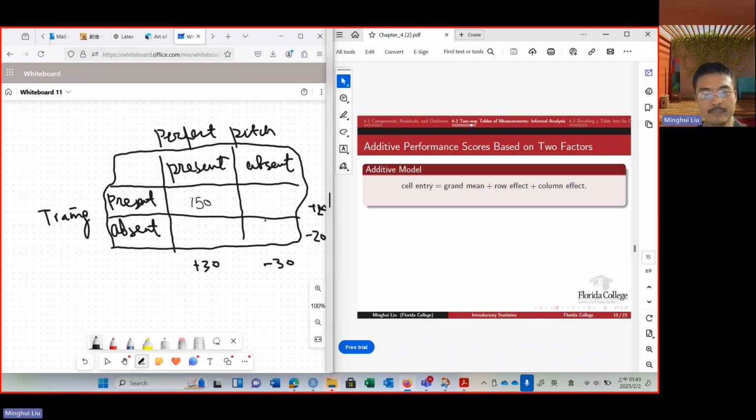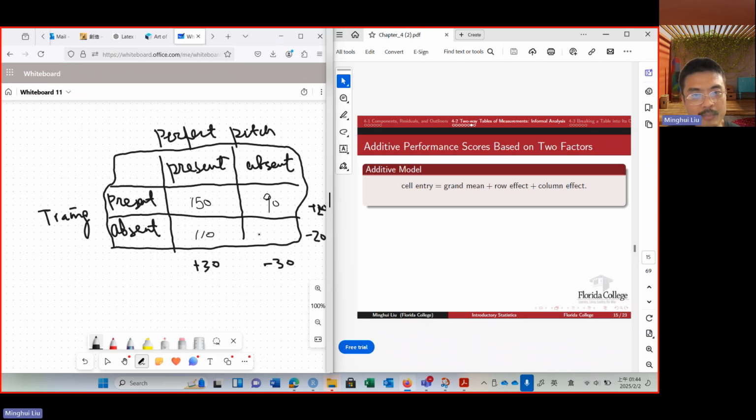We start with 100 minus 30, which gives 70, and plus 20 back. So this type of person gets 90 points. For those who don't have training but have perfect pitch, we start with 100, add 30 because of the perfect pitch, and then subtract 20 points. This results in 110.